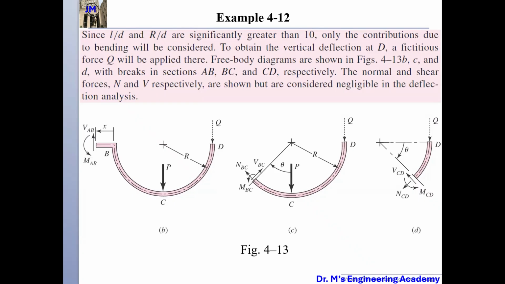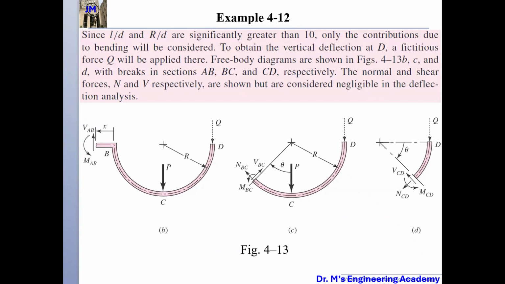And then I have the Q. Even though Q is fictitious, I need to take the derivative with respect to it. So I need to write down Q multiplied by its effective arm from x, which equals x plus R plus R, that is, x plus 2R. And this is MAB for the first segment.